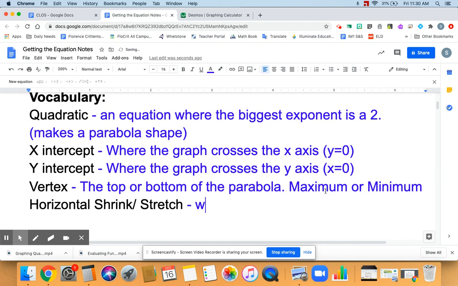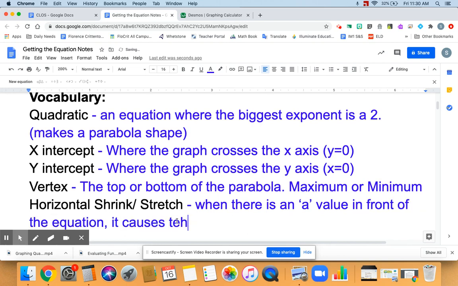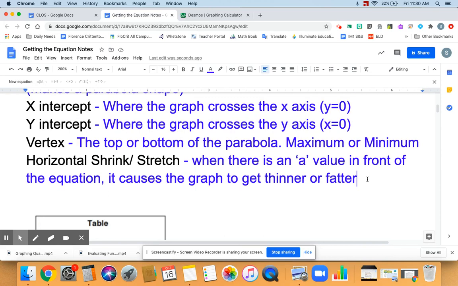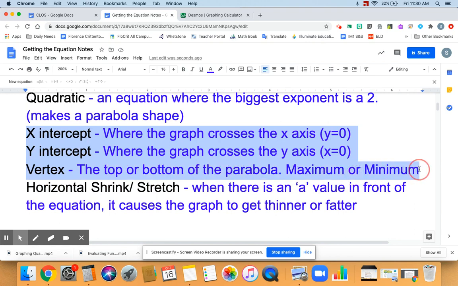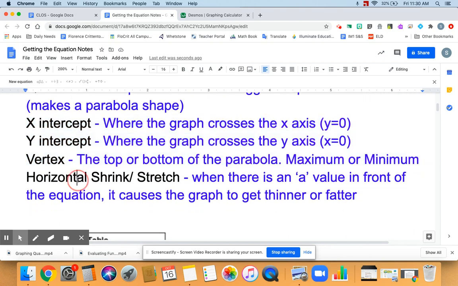When there is an A value in front of the equation, it causes the graph to get thinner if it's shrinking, or fatter if we're stretching it out. It's a new key feature that we are adding. So before we only cared about these 3 key features. Now when we're getting the equation, we also care about the horizontal shrink/stretch.